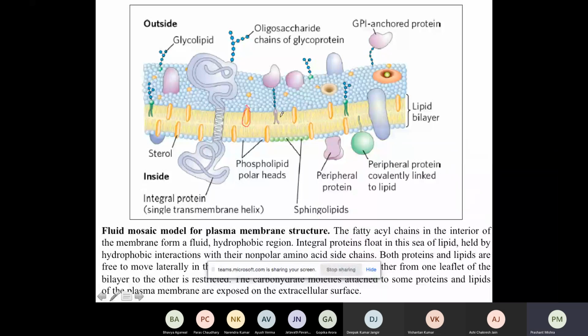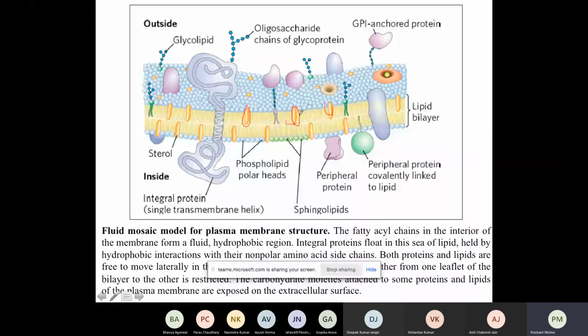That means you have a high temperature or you have too much of fatty acid which is making the membrane fluid. Cholesterol stops them from becoming too fluid. Why? Because there are many groups interacting with the fatty acid, and if I increase the concentration of these cholesterol molecules, they will stop because they interact with the fatty acid. So these are non covalent hydrophobic interactions with the fatty acid, so they will stop them from becoming too fluid.